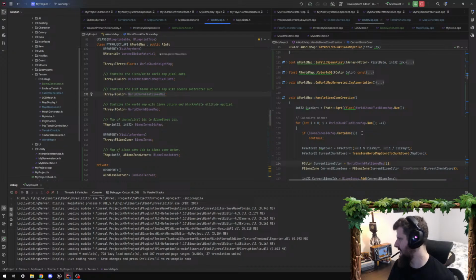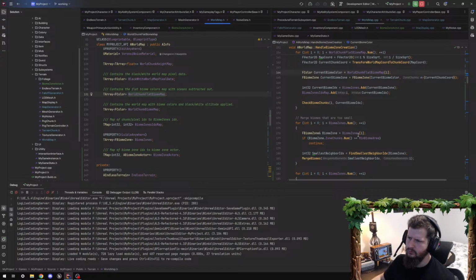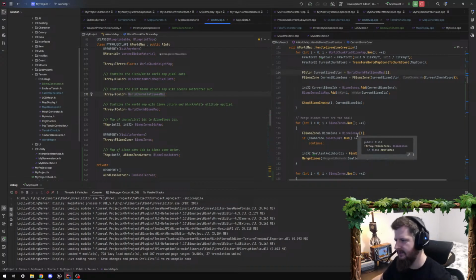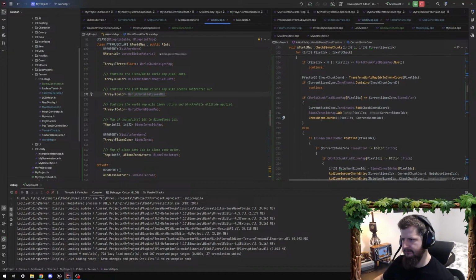So maybe that does lend itself to being a component. It would be easy to access variables from the world map. I'm leaning towards it being a component, I suppose.